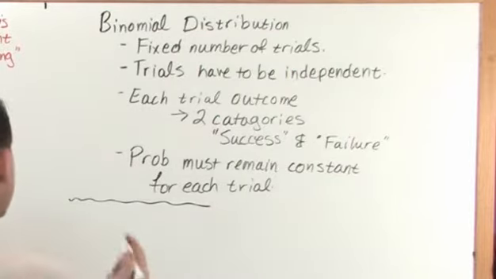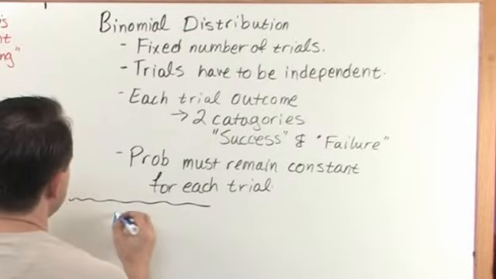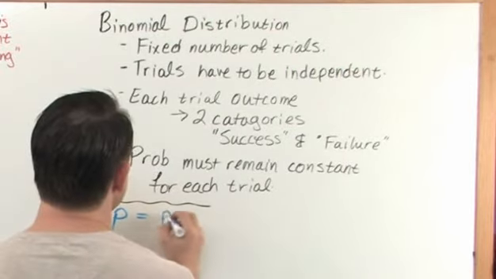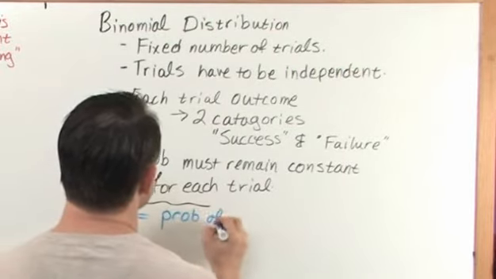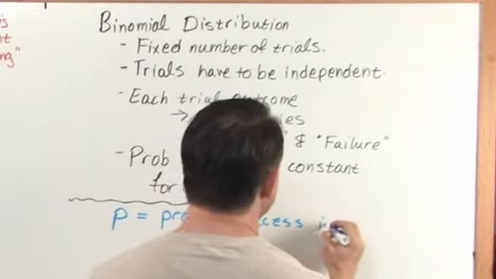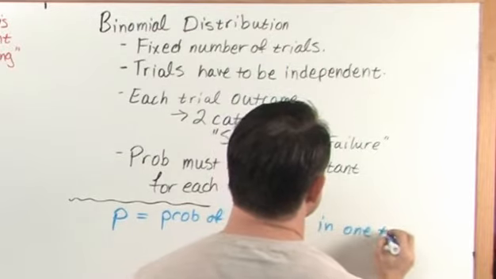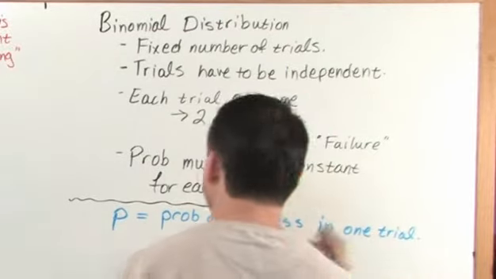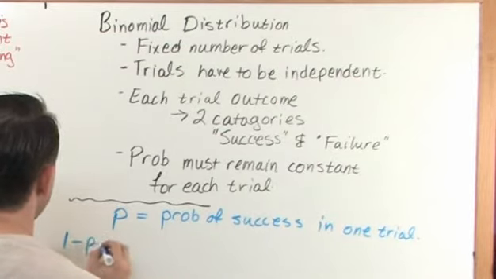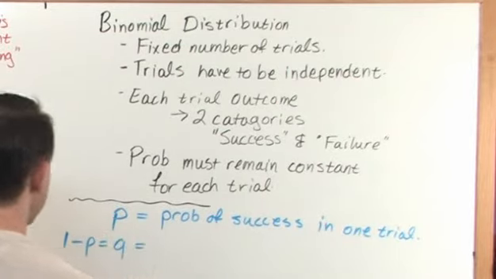Okay, we've already talked about this, but I'm going to write it down explicitly for you. P is what we were calling just a minute ago the probability of getting the right answer. This is the probability of success in one trial. Okay? And I'll relate this back to you in a second. 1 minus p, also known as q, which is exactly what we just talked about again.